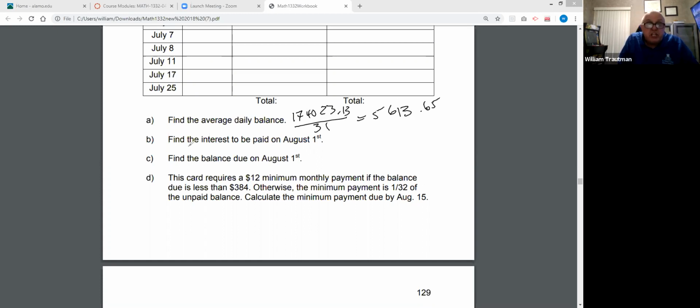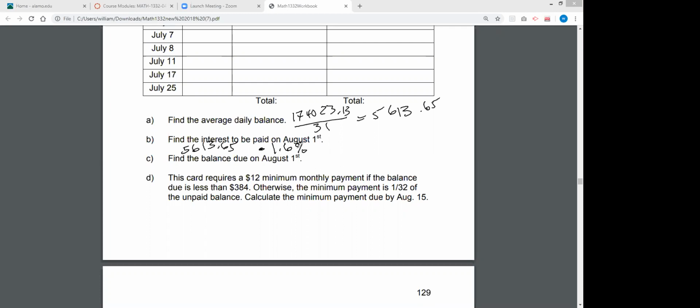So our average daily balance was 5613.65, and we have to multiply it by 1.6%. You see, that's how they find how much your interest is. Your interest is your average daily balance times the percentage rate they tell you for the average daily balance per month. So you get $89.82.